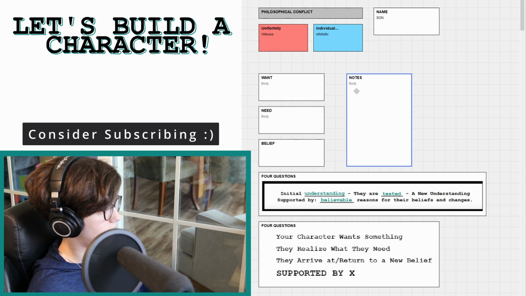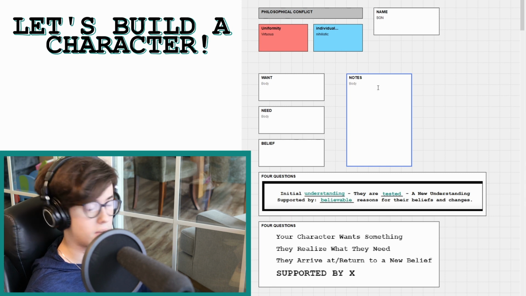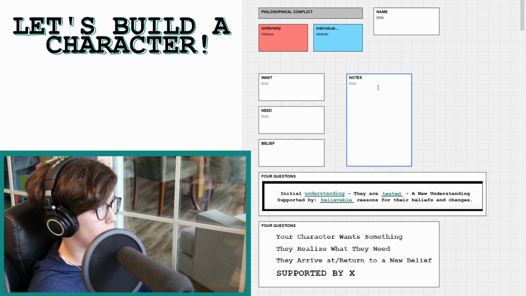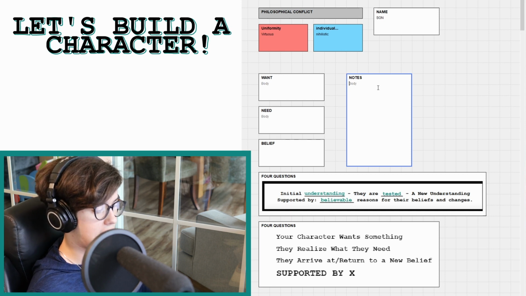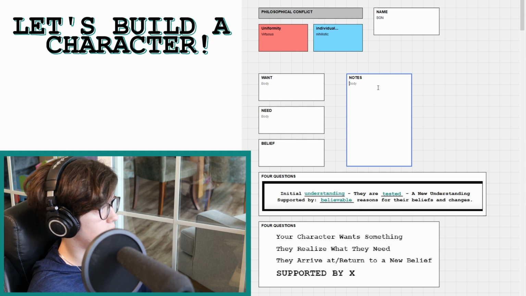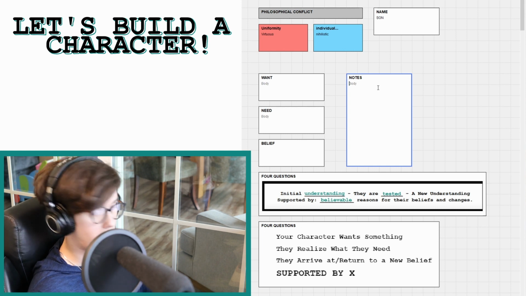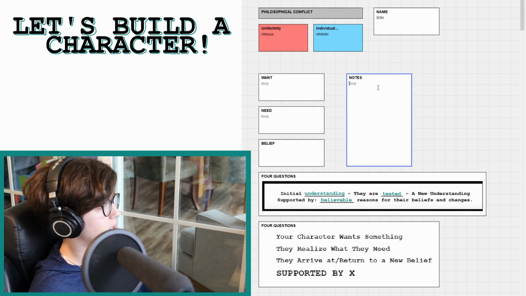He is the youngest son in a religious family. He was raised in a strict religious household, and one of his elder brothers has died, and his parents force him to be a replica of his older brother, right? So this is enforcing the ideas of uniformity to a very, very aggressive degree.